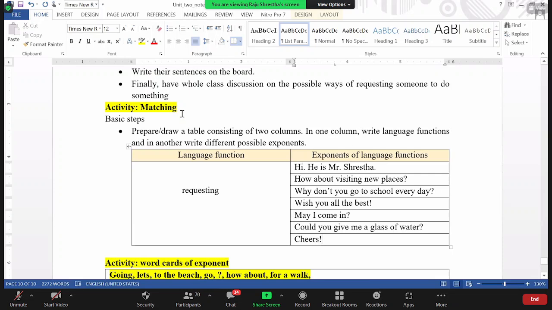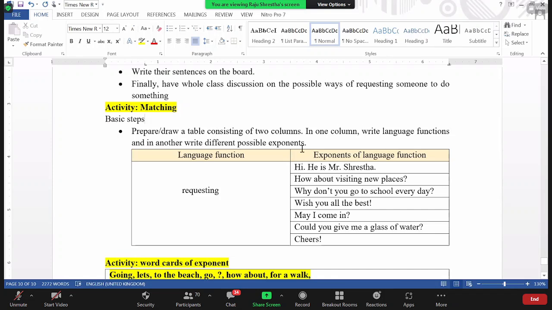In this way we can also use just matching. In one column one function will be given, in another column different exponents from different language functions we can give, then they would select which one is related to the particular function. This activity also we can use. So the basic steps: prepare or draw a table consisting of 2 columns.